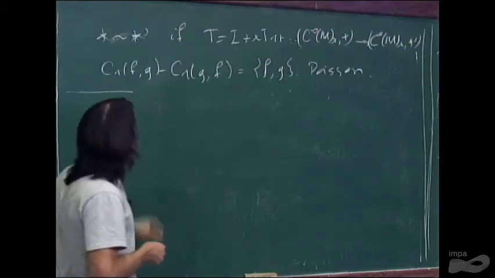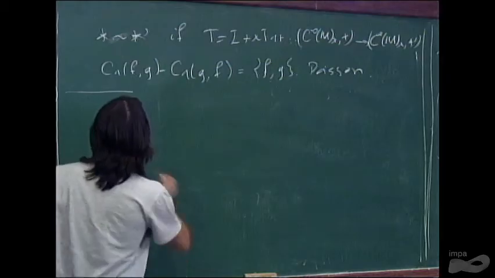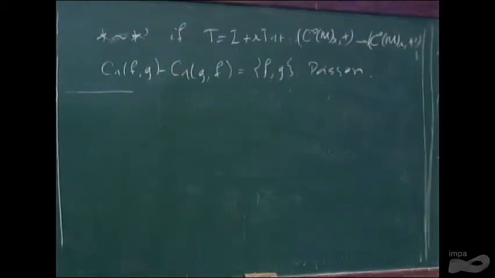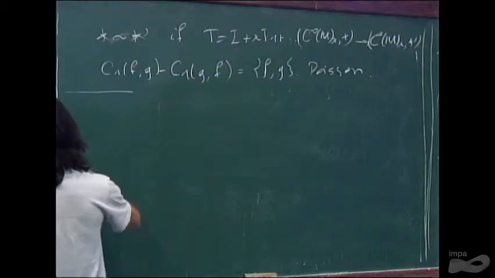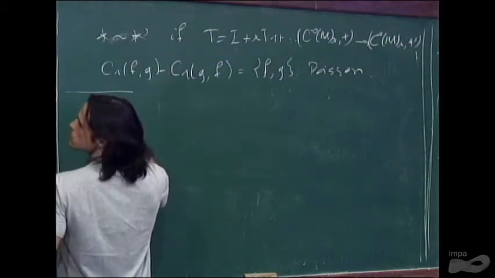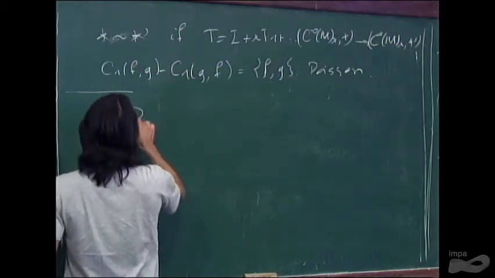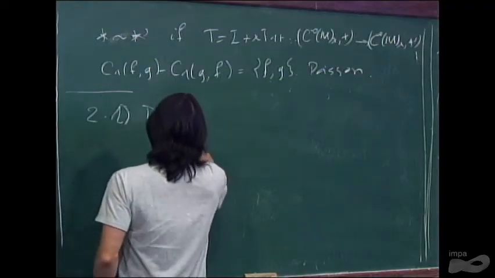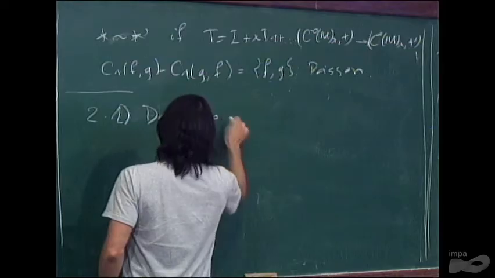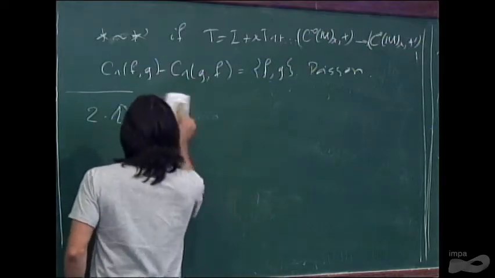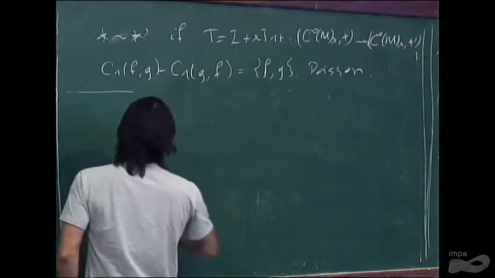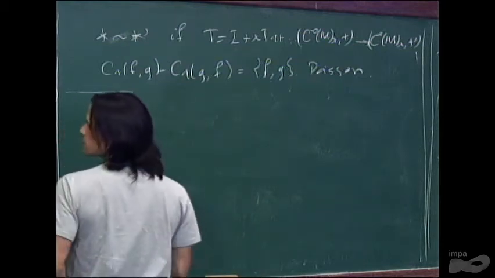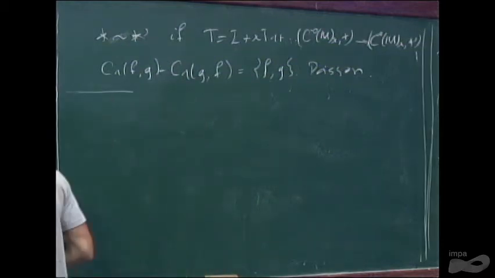Okay. So let's go to the definition. So this is part 2 already. Before that, we want to define a notion of Morita equivalence for formal Poisson structures.